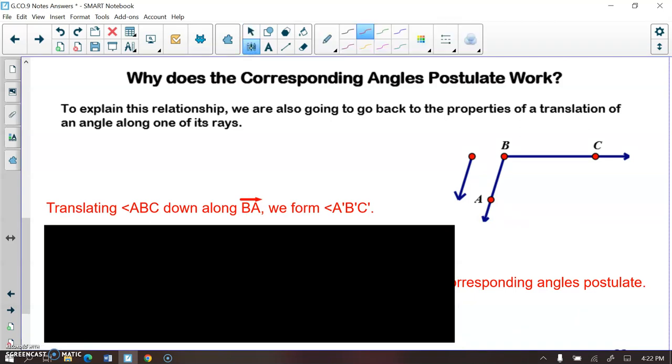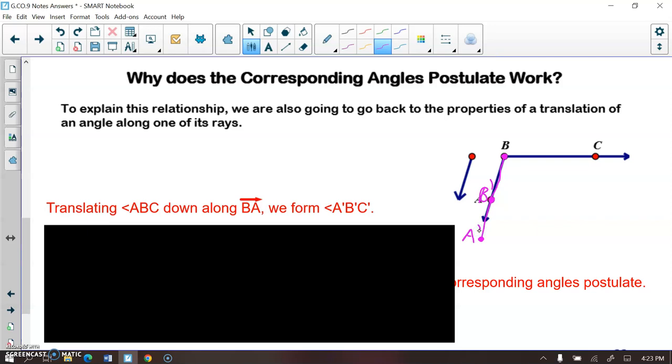What that means, vector BA is going this diagonal route, okay? So we're going to translate all of the points the same direction and the same distance. So if I translate B down by vector BA, B prime now winds up right here. A prime winds up right here.